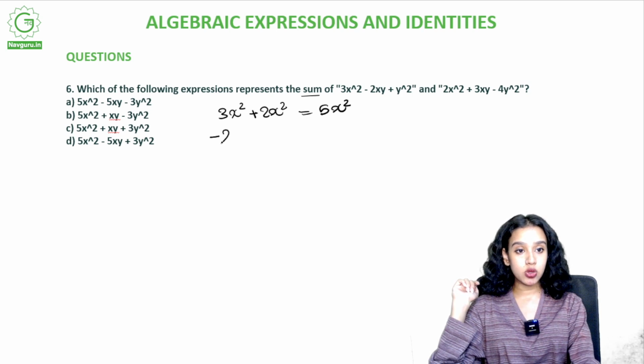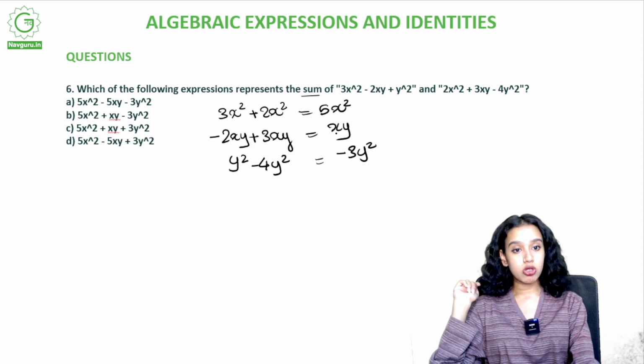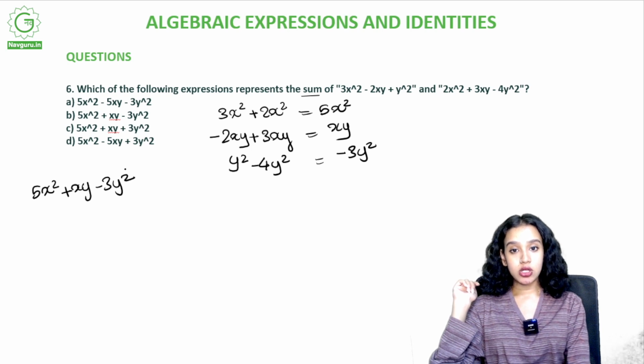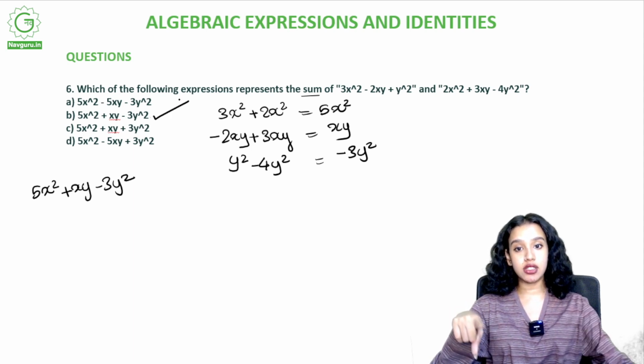We have minus 2xy and plus 3xy, which is equal to xy, and we have y square minus 4y square, which gives us minus 3y square. So combining this, we'll get 5x square plus xy minus 3y square. Do we have the answer here? We have 5x square plus xy minus 3y square. This is the answer for the question.